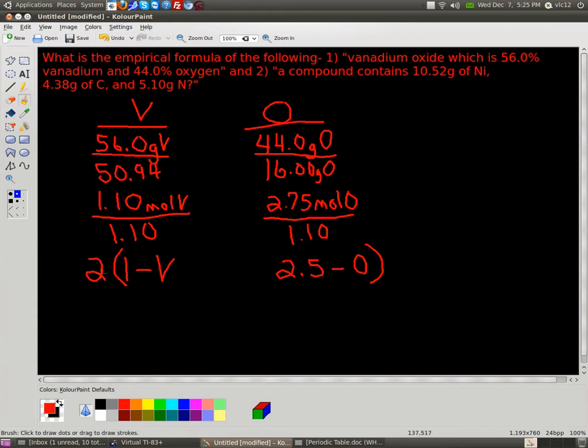So what we're going to do is multiply by 2 to clear our fractions. That gives us 2 vanadiums, and that gives us 5, because 2 times 2.5 is 5. That gives us 5 oxygens. So our final empirical formula for this will give us V2O5. Okay, and this is our empirical formula.